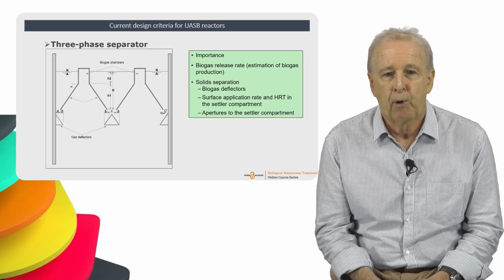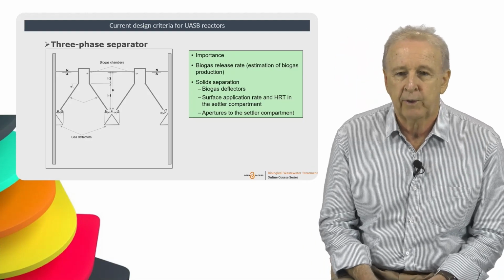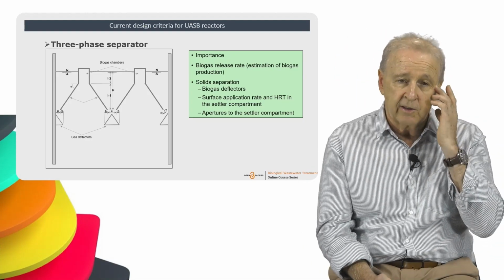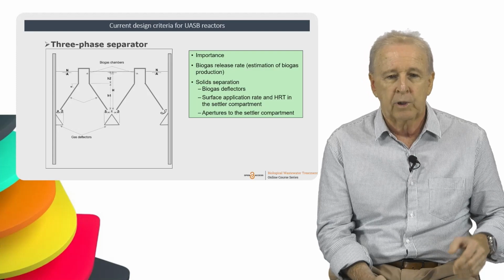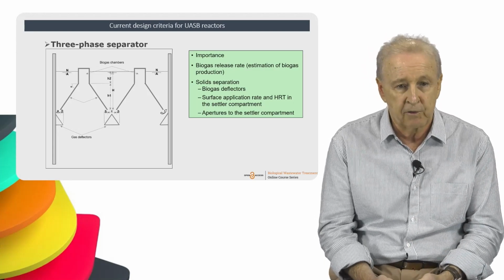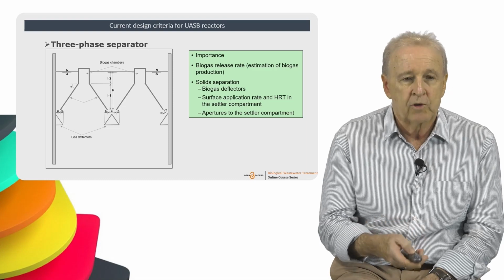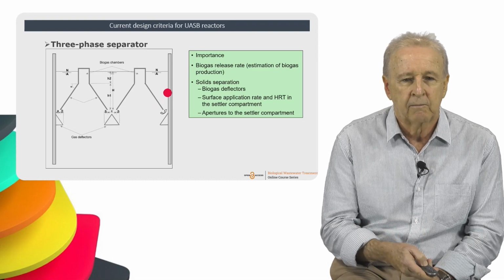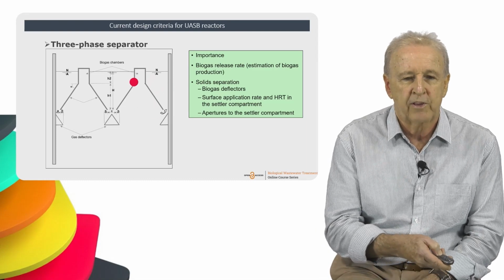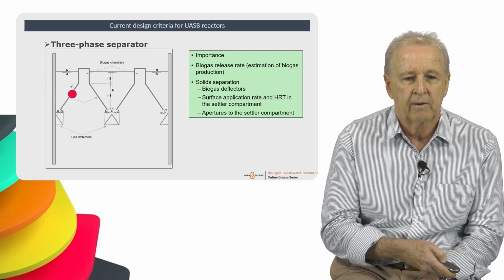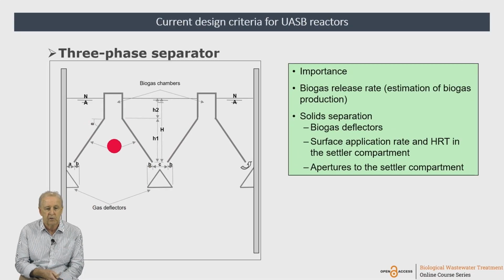Now, another very important component of the UASB reactor is the three-phase separator, as we called attention to in the previous lecture. And here we show one section of one reactor with two three-phase separators, one beside the other.